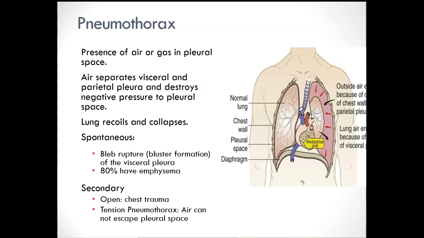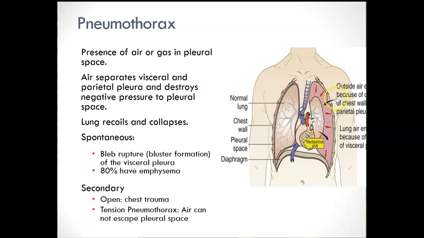But pneumothorax, we talked about this, I think a little bit in class. This is where in that pleural space, remember, between the lining of the lungs and the chest wall lining, it's not really a truly defined space, but it can be if air gets in there. So here's a great example.